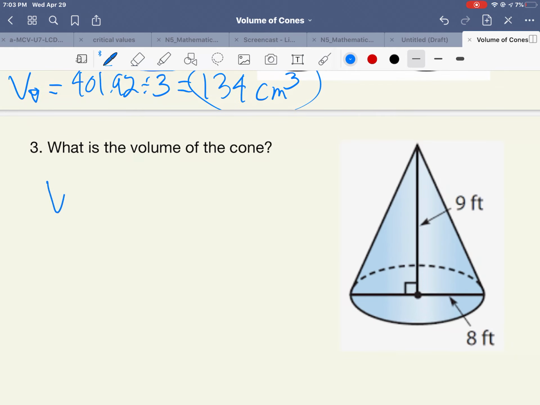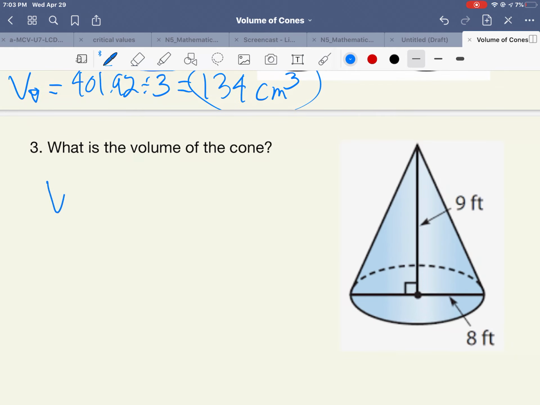That distance there is 8 feet. But that's not the radius. That's the diameter. That's the distance all the way across the circular base. So actually, I have to take that number and divide by 2 to get the radius. So the radius is actually 4 feet.